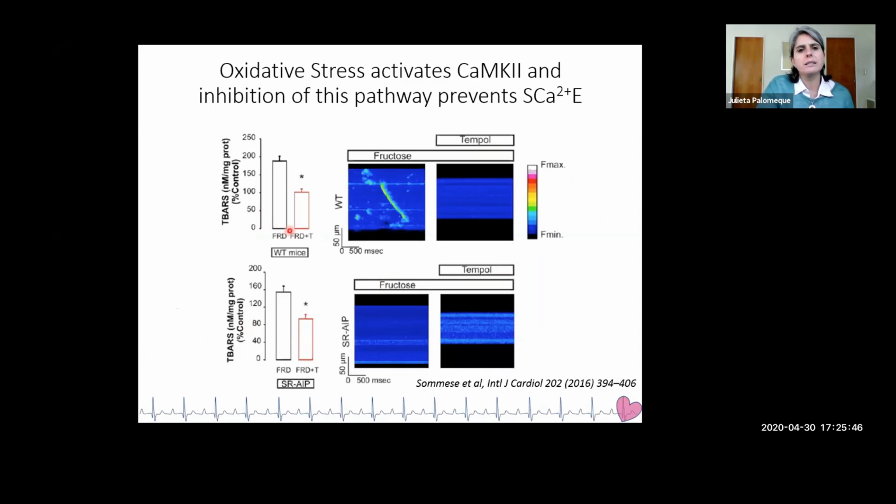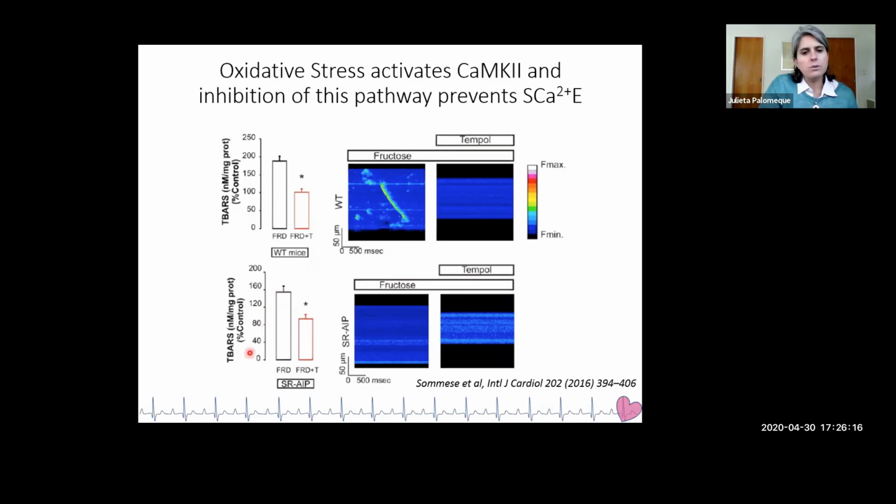So we co-treated the mice with Tempol, which is a scavenger of reactive oxygen species, and we could detect that in these mice treated with fructose-rich diet, the co-treatment with Tempol decreased the oxidative stress and also prevented the spontaneous calcium release events, as we can see in these confocal pictures.